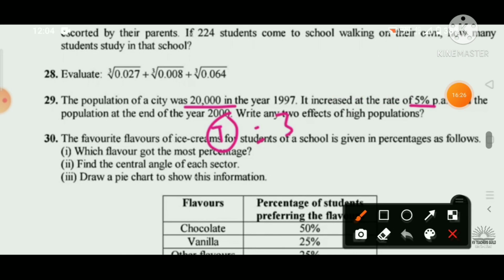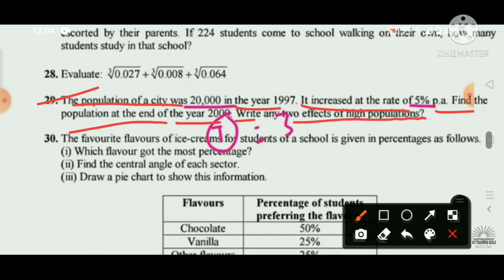So next question is the population of a city is 20,000 in the year 1997. It increases by 5%. Find the population at the end of the year 2000. Write any two effects of high population. So you can take principal P as 20,000, and the formula PTR by 100.